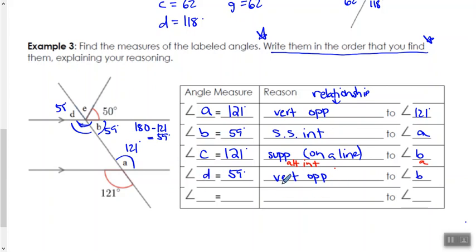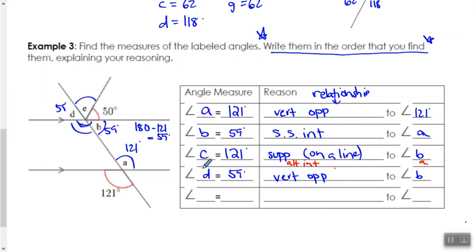So it did not have to be after C. I could have figured out D first, and it did not have to be specifically because of this. So I could have also said it is same side exterior to the 121 degree angle. So that could have been a reason as well. So just remember, you just need to make sure that you're doing them in order, that you're finding them, and stating the reason why correctly.